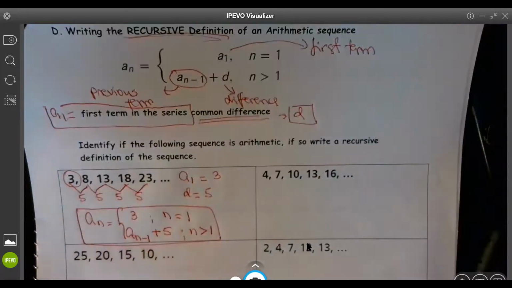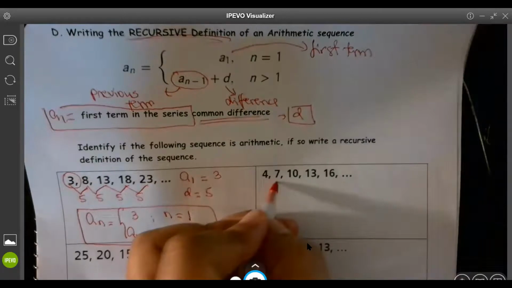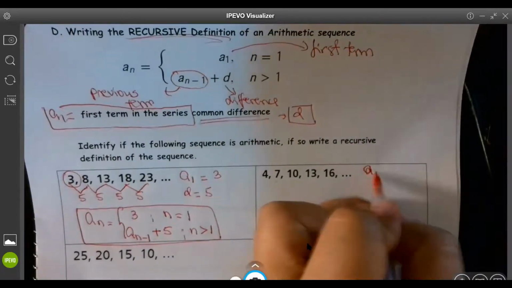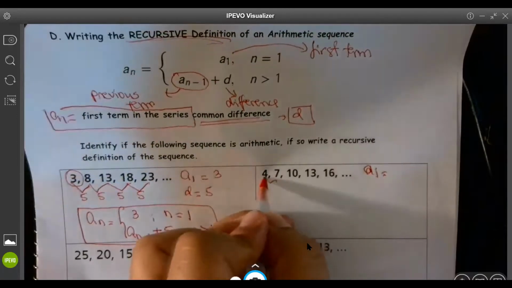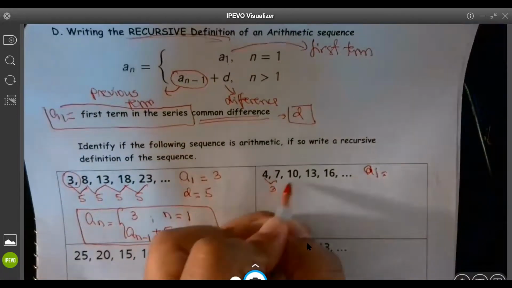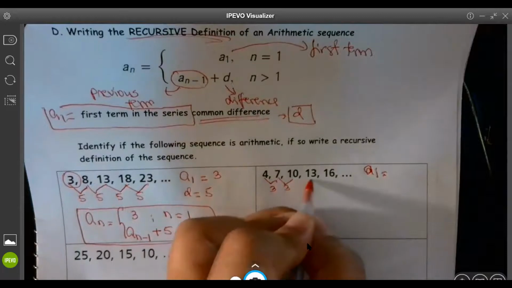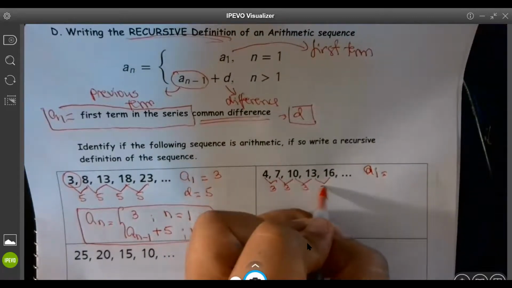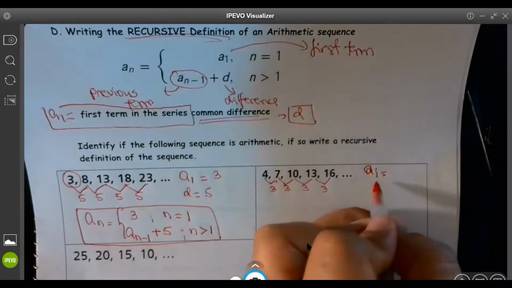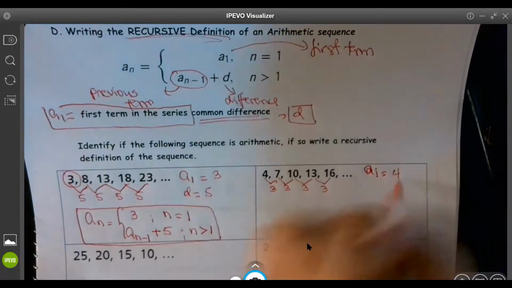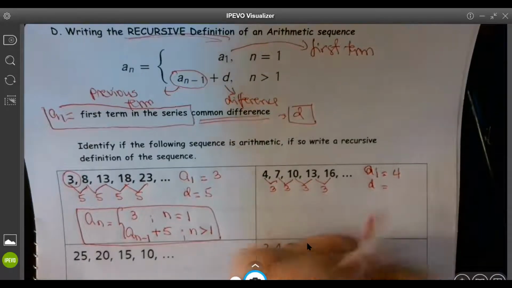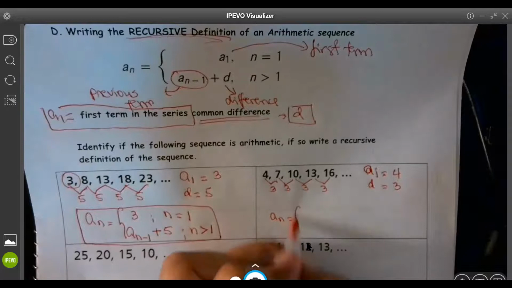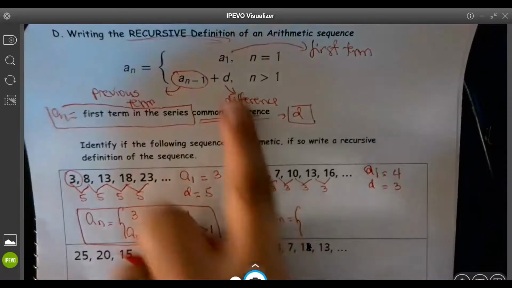So in number 4, what is the common difference here? This will be 7 minus 4 is 3, 10 minus 7 is 3, 13 minus 10 is 3, 16 minus 13 is 3. So A1, the first term, is 4. Common difference is 3. So the recursive definition will be, use this formula again.